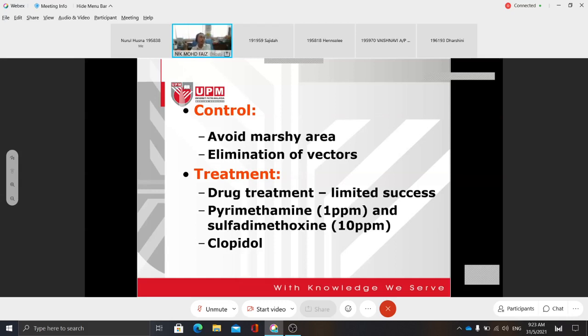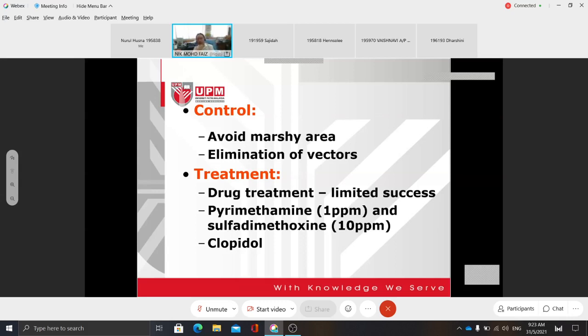If possible, prevent building farms around marshy areas. Avoid marshy areas for your farms. If you cannot avoid it, find a way to kill the mosquitoes. Do fogging once in a while, or you can put up nets or anything to prevent vectors entering your farm.